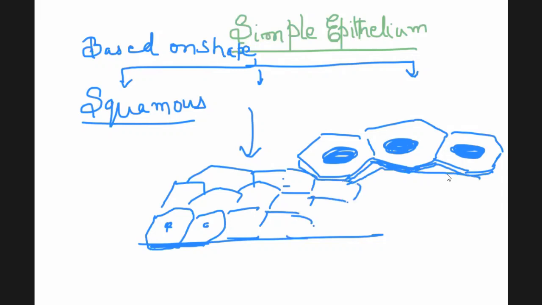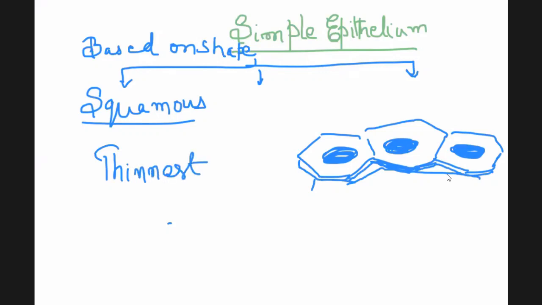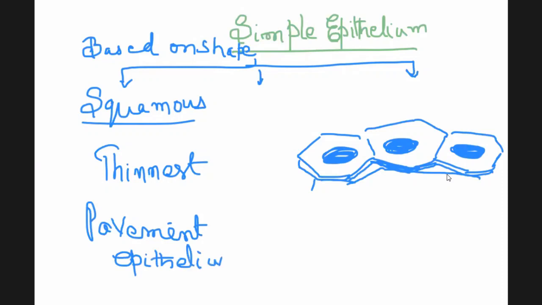It looks like one layer of cells standing on the basement membrane, and the cells are very thin. This is the thinnest epithelium. No other epithelium is thinner than this. It is also called pavement epithelium because substances walk across this epithelium.